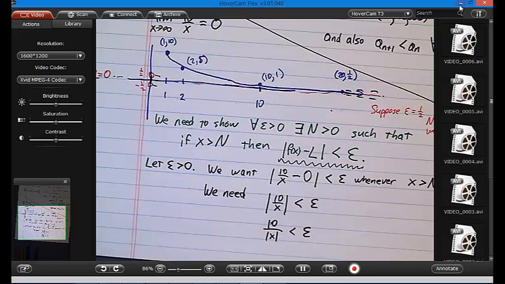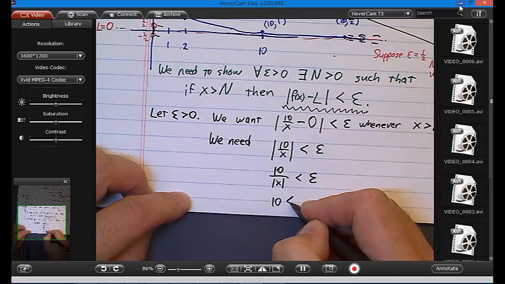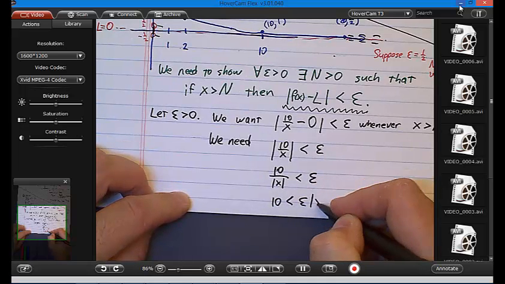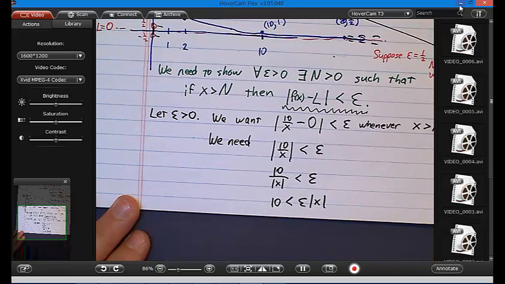So the only thing I really need absolute values around is x. Ten is less than epsilon times the absolute value of x. Do you see what I did to both sides? What did I just do? I multiplied by absolute value of x. Is that allowed? Yeah. It's positive, so it doesn't reverse the inequality.